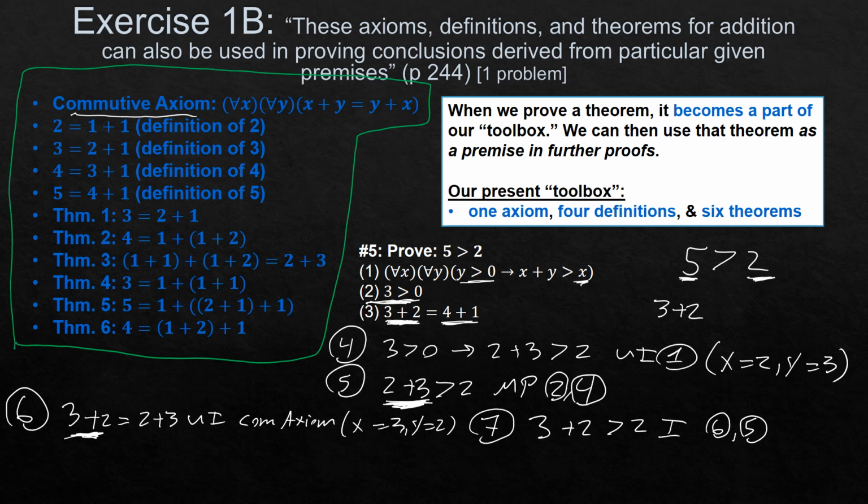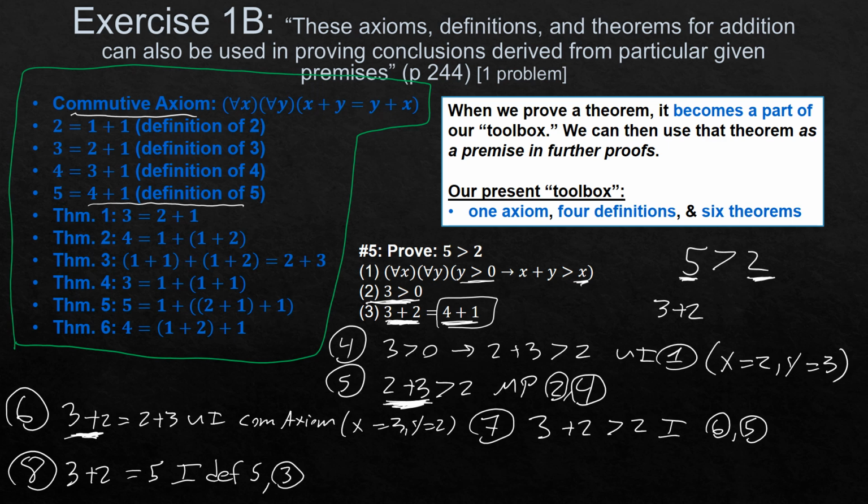Moreover, according to line 3, again we have 3 plus 2 is equal to 4 plus 1. But this 4 plus 1 shows up here in the definition of 5. So let's just say that 4 plus 1 is 5. So for line 8, we can say that 3 plus 2 is equal to 5 by the identity rule with the definition of 5 and with line 3.